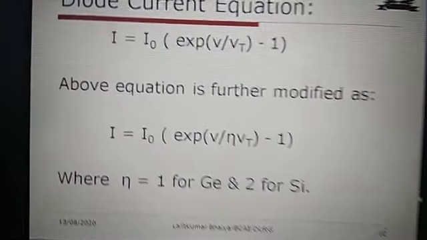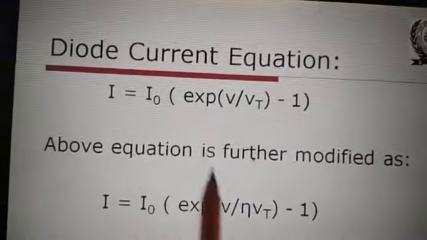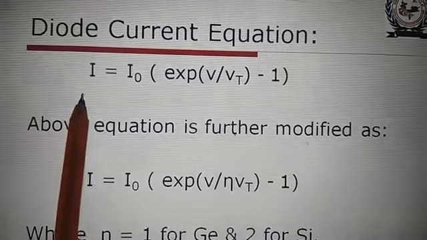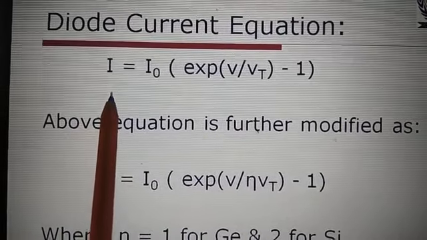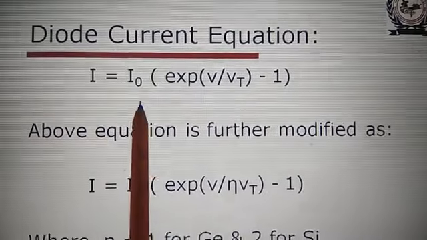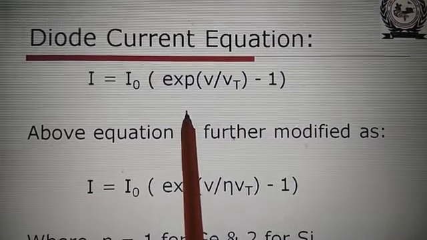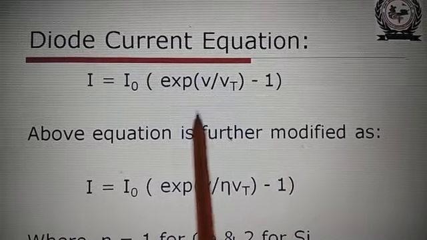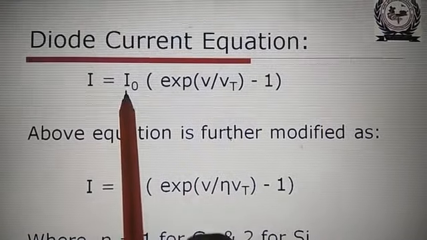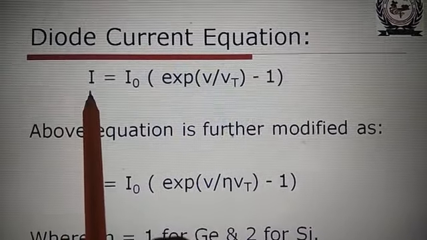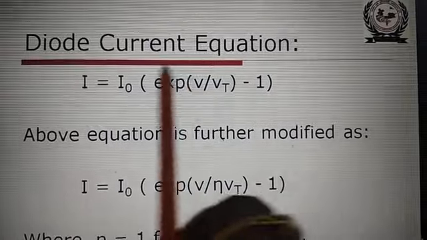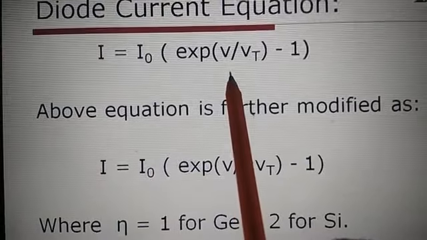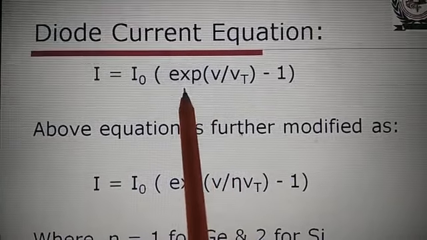The very important one is the diode current equation, which is given by: the current flowing through the diode is equal to I naught into e to the power V by Vt minus 1, where I naught is the reverse saturation current in reverse bias and I is the forward current. This is the relation between diode current and voltage.